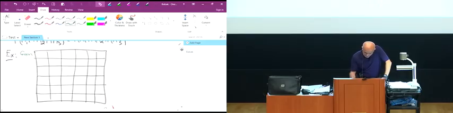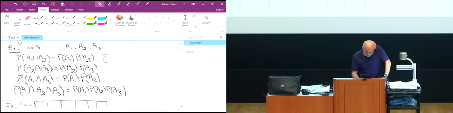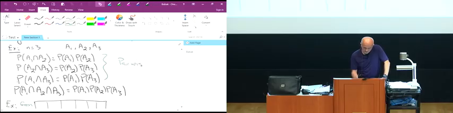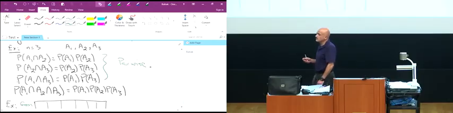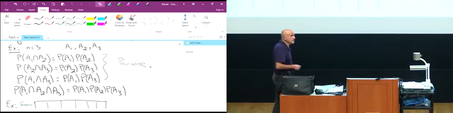By the way, the question that I was asked, let me actually give it a name. These three here talk about pairwise independence. If you show all three of these, all you've shown is that the events in your set are pairwise independent.